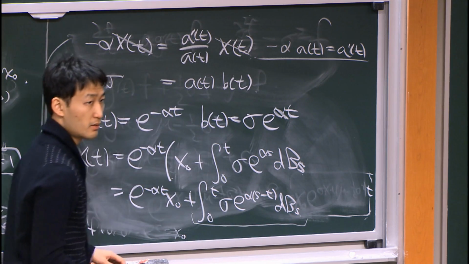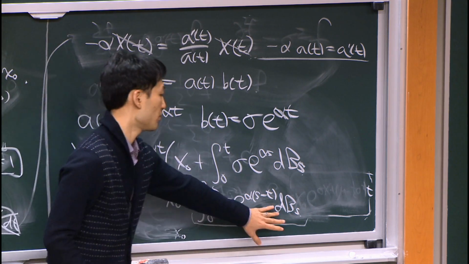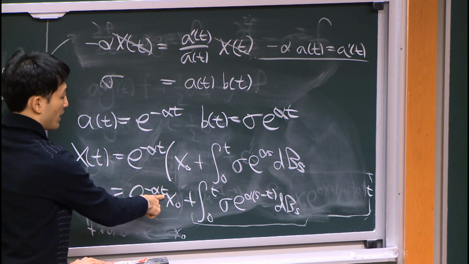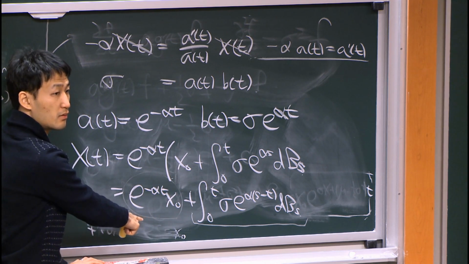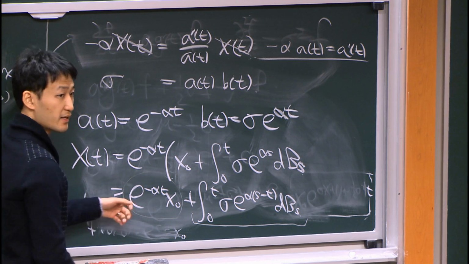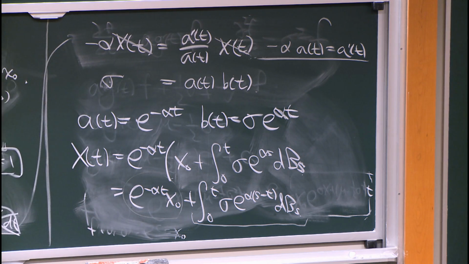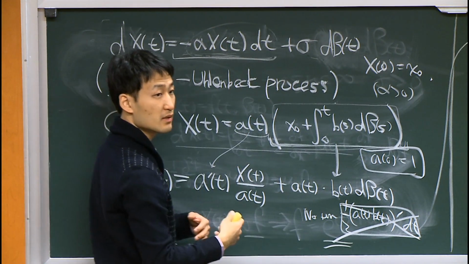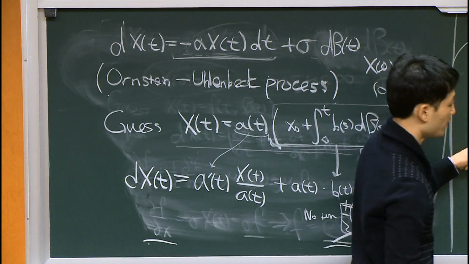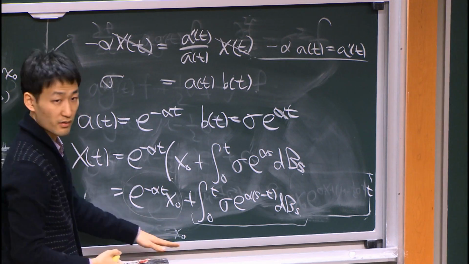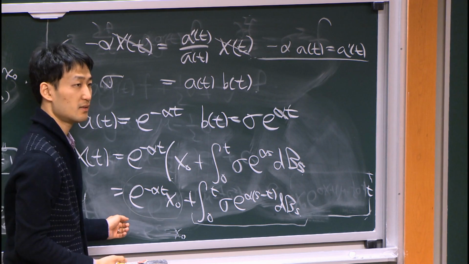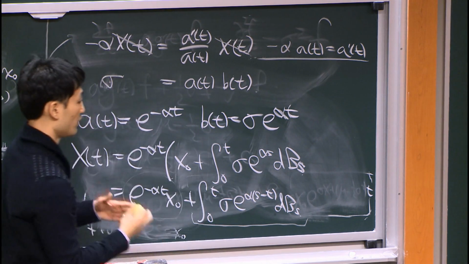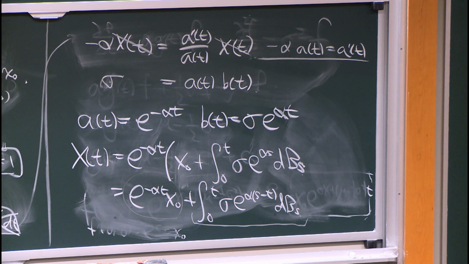Expectation is 0, because that's a Brownian motion. This term, as we expected, as time passes, goes to 0. Okay, exponential decay. And that is kind of hinted by this fact, the mean reversion. So if you start from some value, at least the drift term will go to 0 quite quickly. And then the important term will be the noise term, or the variance term.